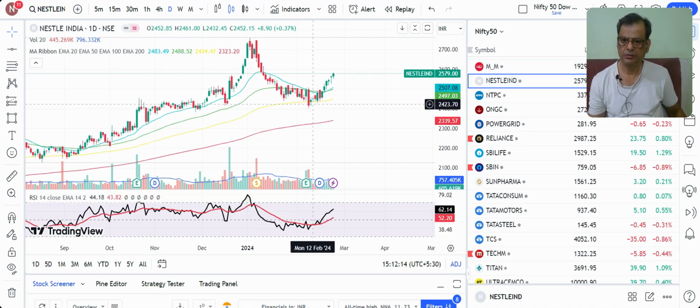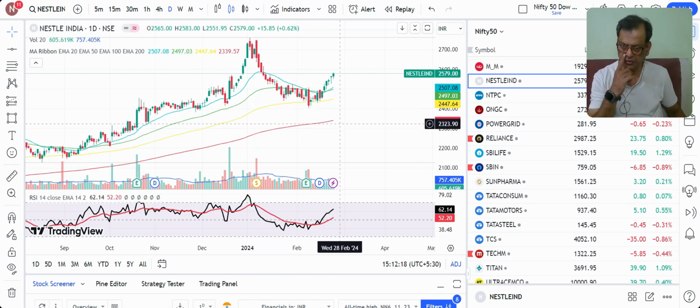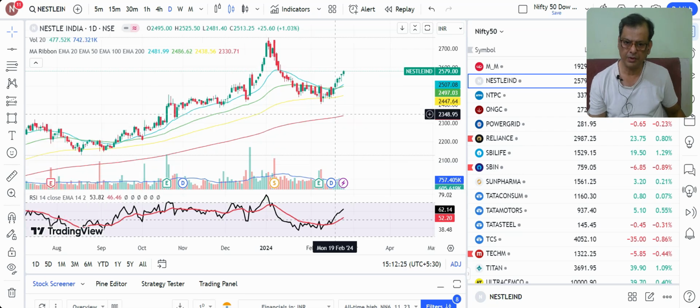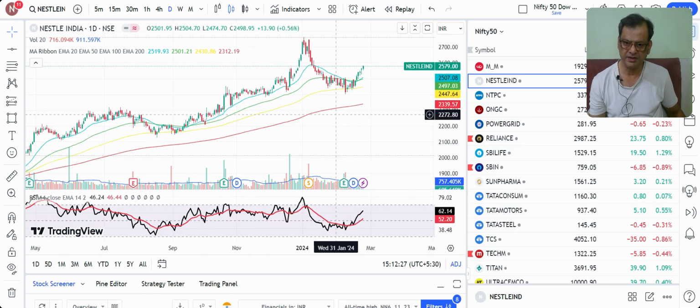Right. So we have a Nestle India chart. We are on the daily time frame, and we are looking at resistance and support as a topic here. So what is resistance? Resistance is always above the price. And let me draw a horizontal line here.